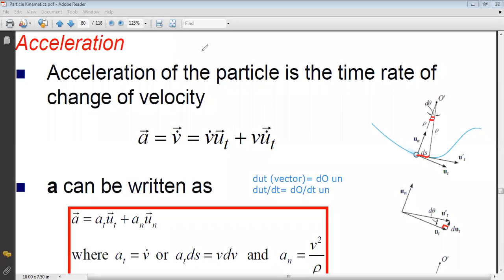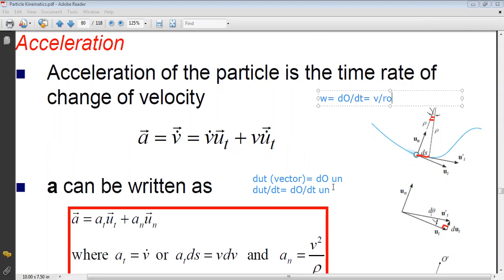So if you remember from school, when you have circular motion, how do you write your angular velocity omega? Omega represents d theta by dt, the variation of the angle, and can be written as the linear velocity over the radius of curvature, v over rho.